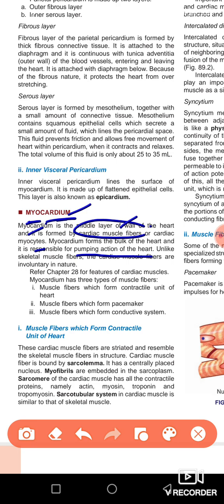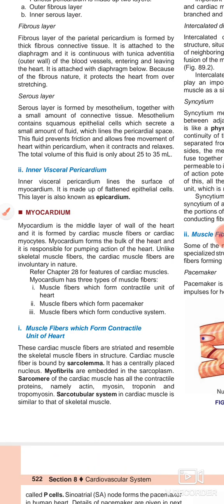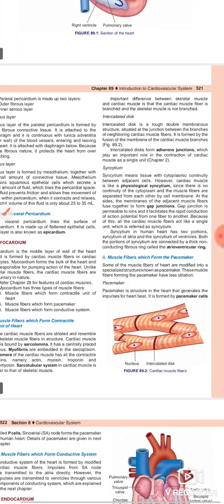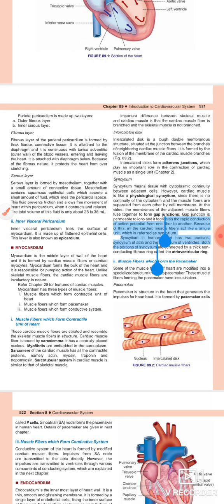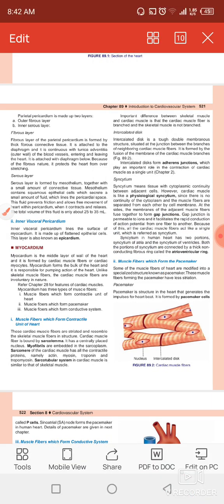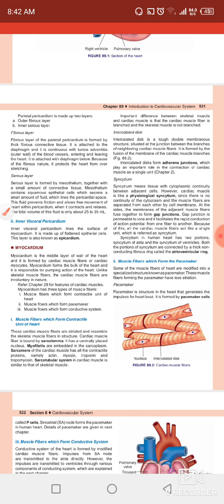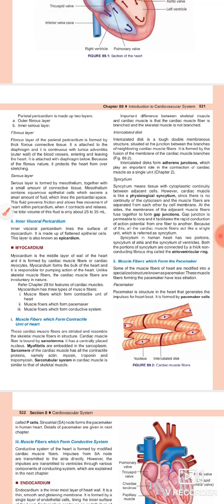Now there is a detailed section on cardiac muscle in this chapter, but I don't want to explain it here, because there is no need for it yet. First we discuss the heart, and the cardiac muscle is the next topic, which we are going to discuss in the next lecture.